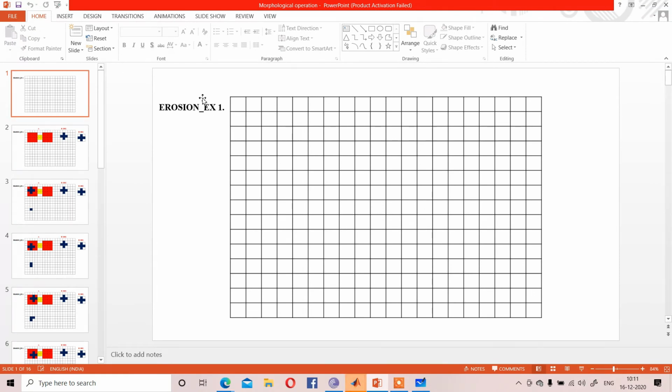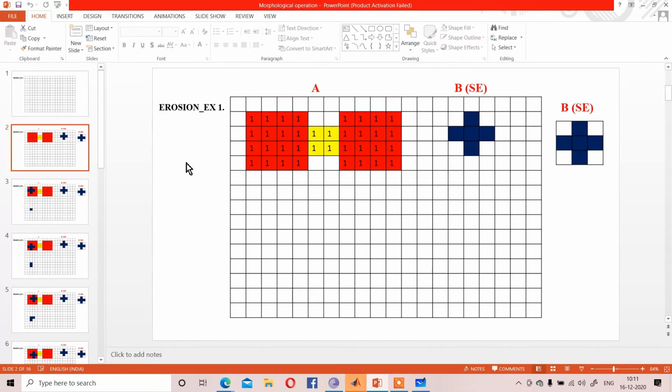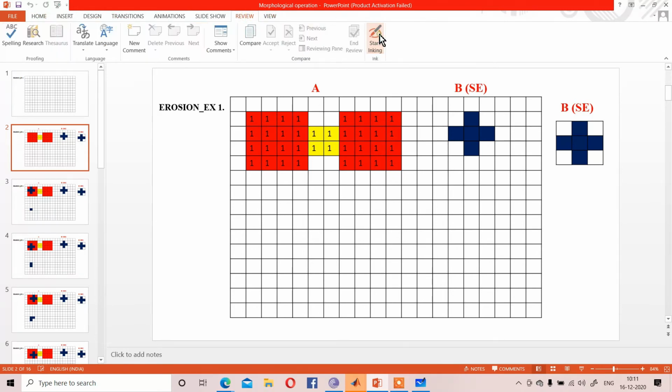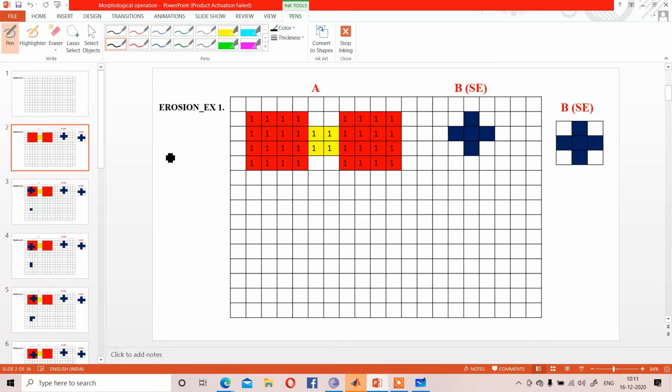See, suppose a matrix is given. Over that matrix, all are zeros, only these portions are 1. Okay, now what we are trying to do is erosion.